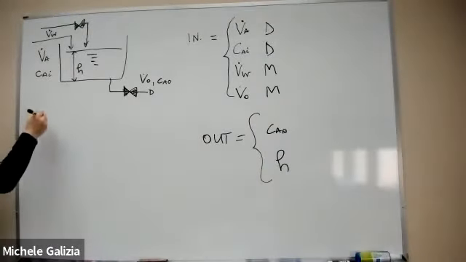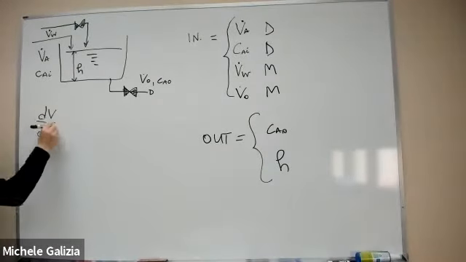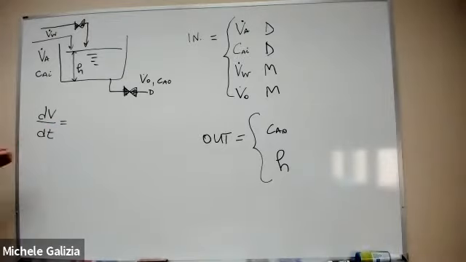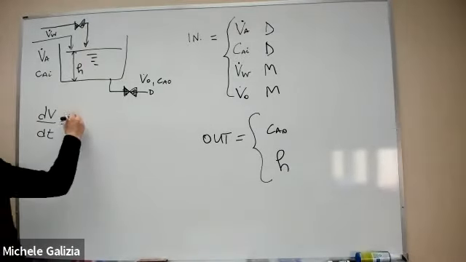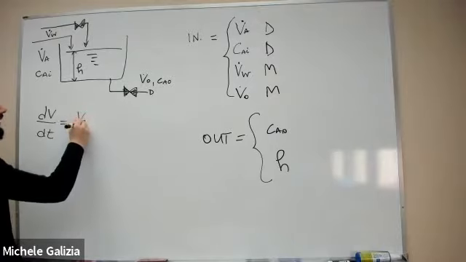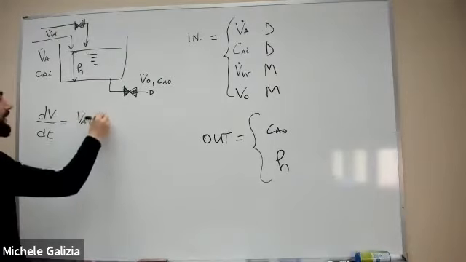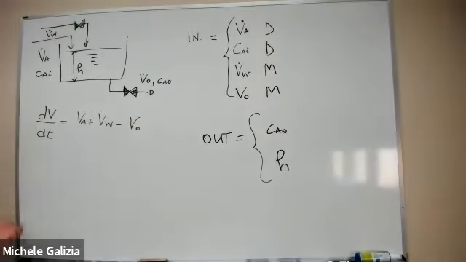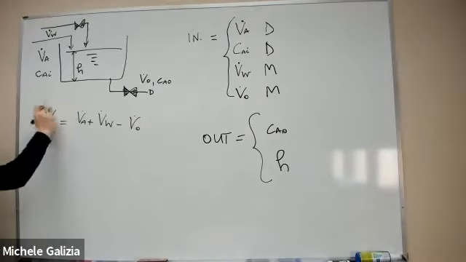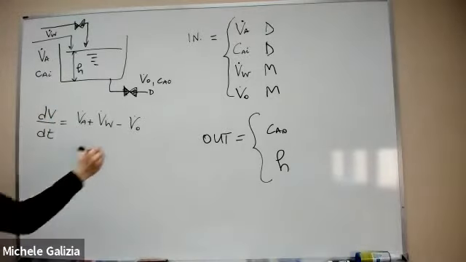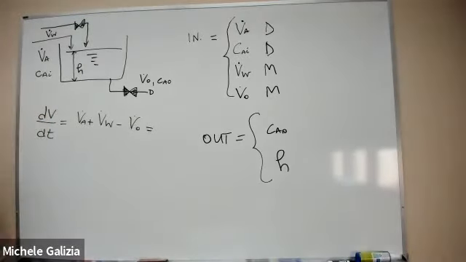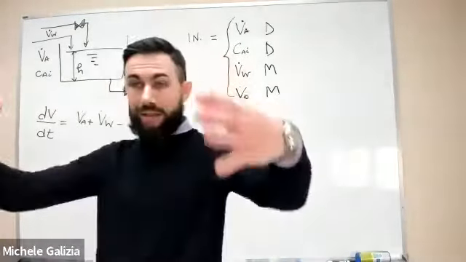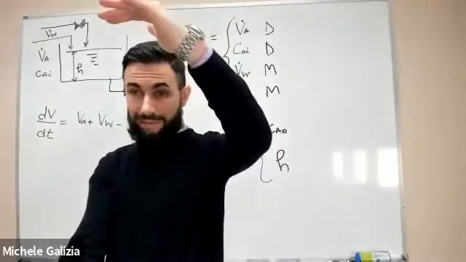The total mass balance says that dV/dt, the instantaneous change of volume, is basically V̇A plus V̇W minus V̇O. And so here V is the unknown, but you know that V, the volume, is the cross-section area times the level.